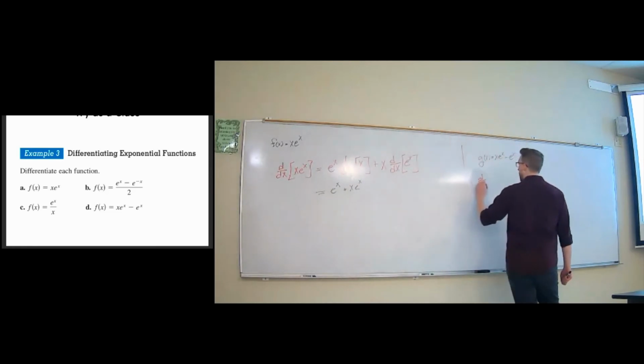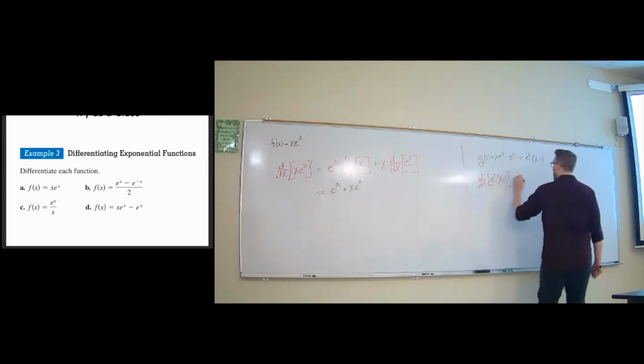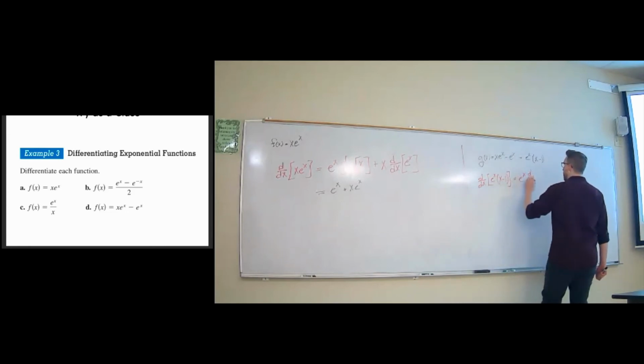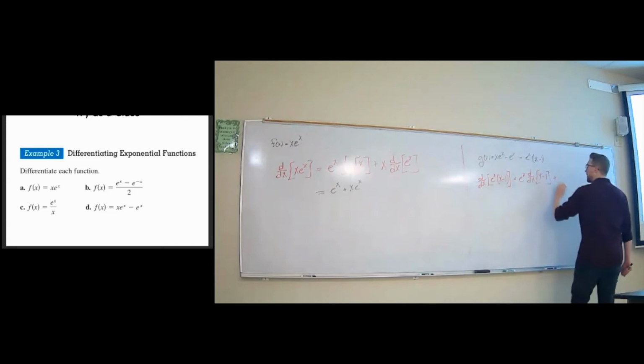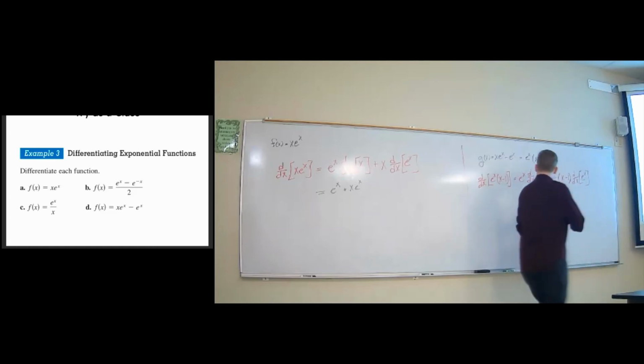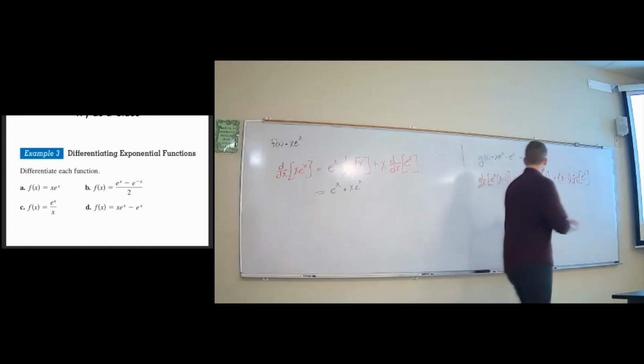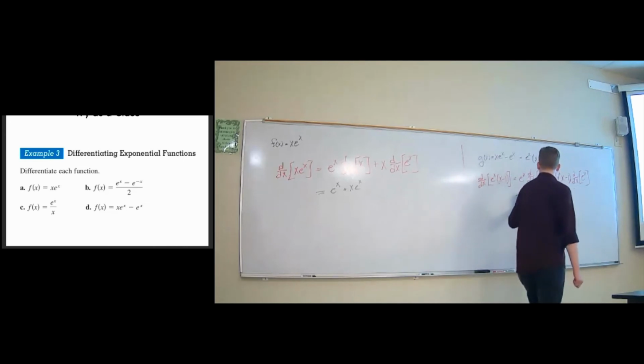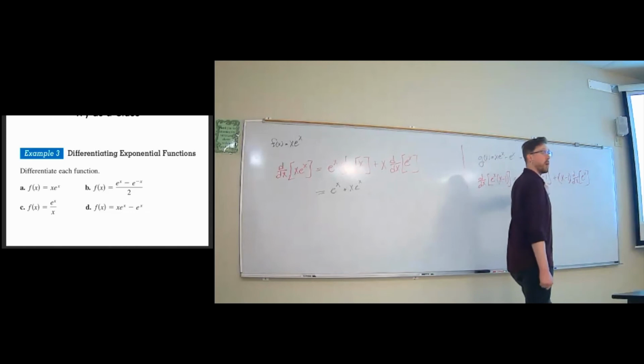Then d dx of e to the x times x minus 1 is equal to e to the x times the derivative of x minus 1 plus the quantity x minus 1 times the derivative of e to the x. So this thing is going to come out to be e to the x times 1, right?